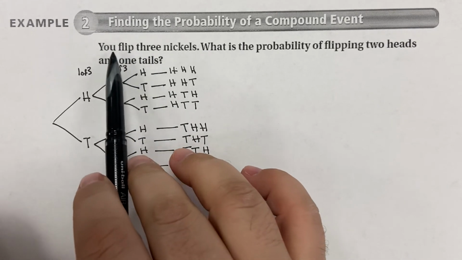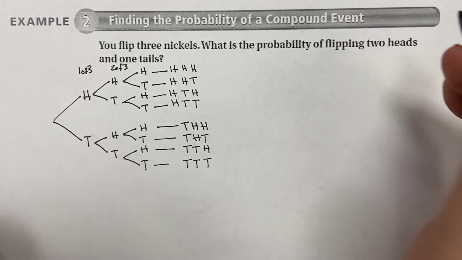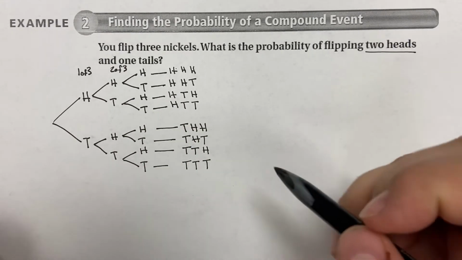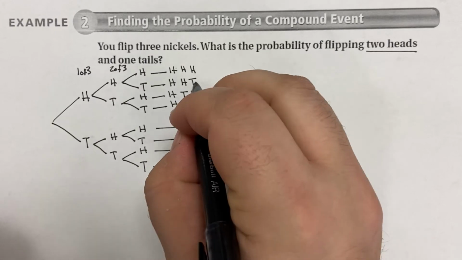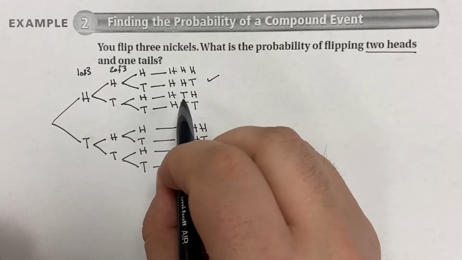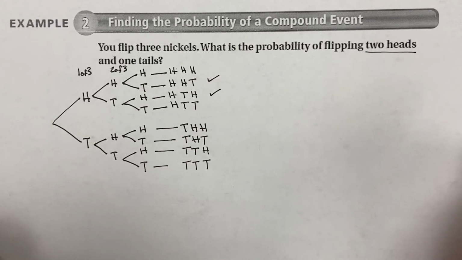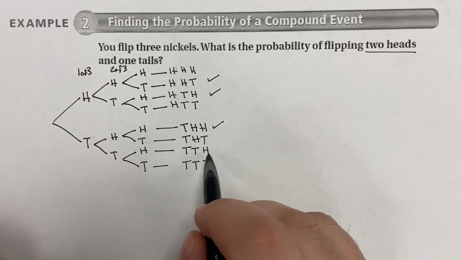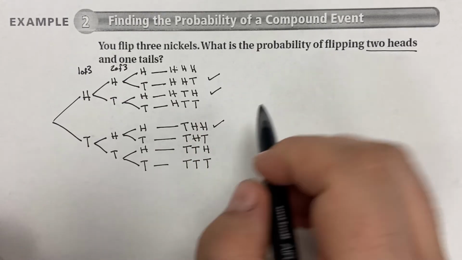You flip 3 nickels. What is the probability of flipping 2 heads and 1 tail? So we can't have 3 heads. We can't have 1. We need exactly 2. Here's 2 and a tails. Here's 2 and a tails. Only 1. Here's 2 and a tails. Only 1, and none. So we have 3 options.